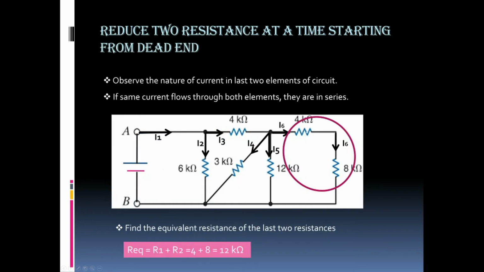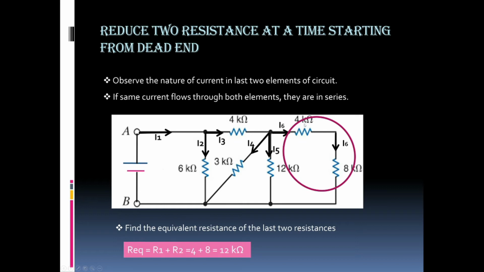Next step is to reduce two resistances at a time from the dead end. In this case, this is the dead end, and there are two resistances here, the 4 kilo ohm resistor and the 8 kilo ohm resistor. We have to find if they're connected in series or parallel. To find that, you see the nature of current. Here the I6 current flows through both.